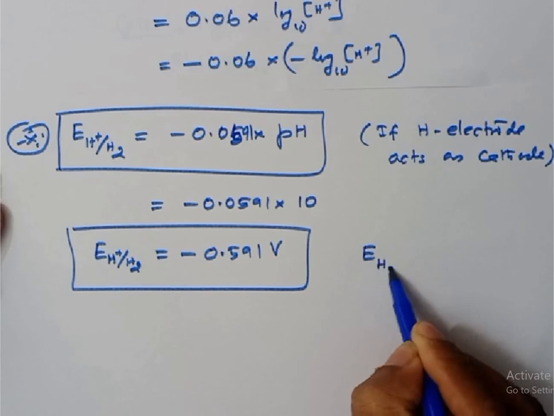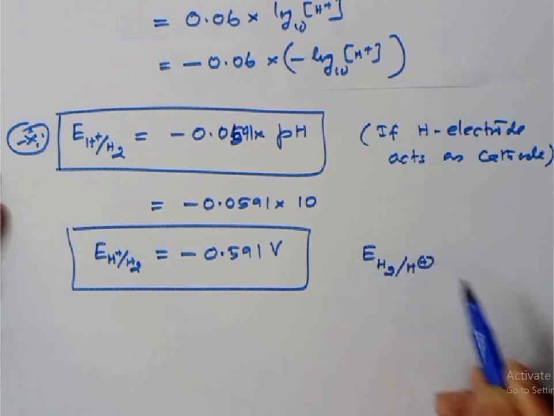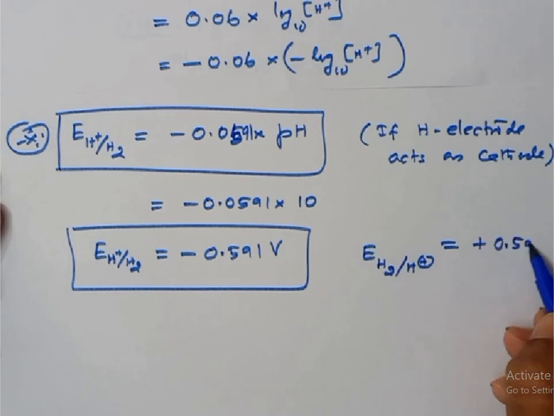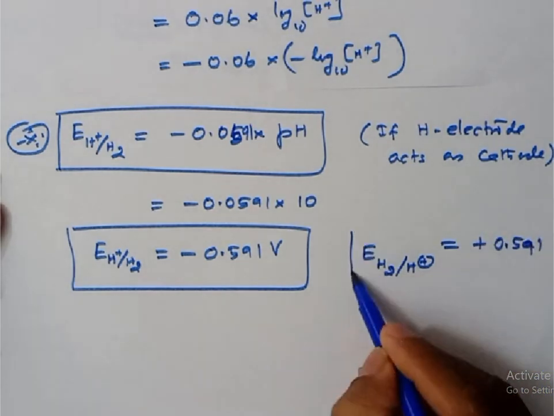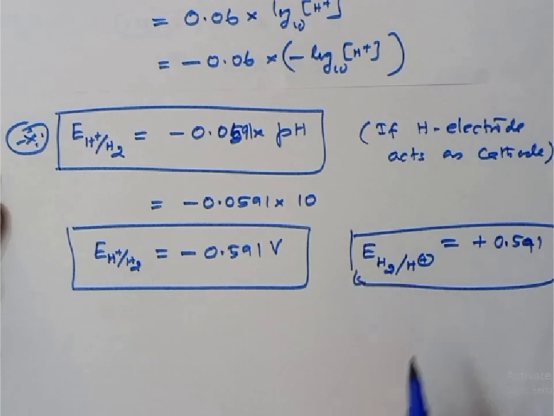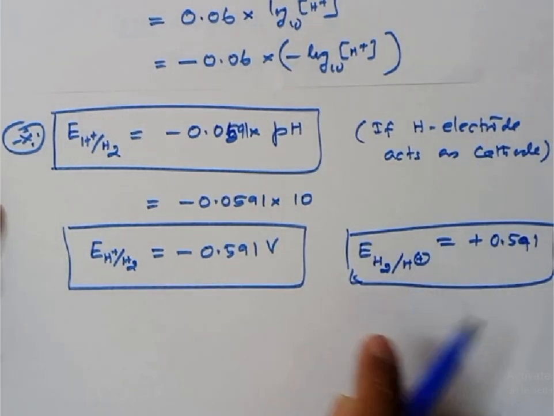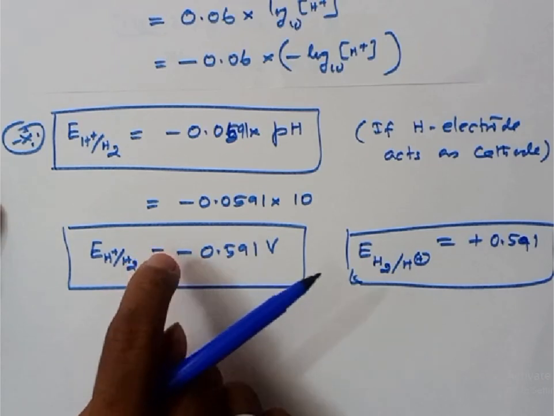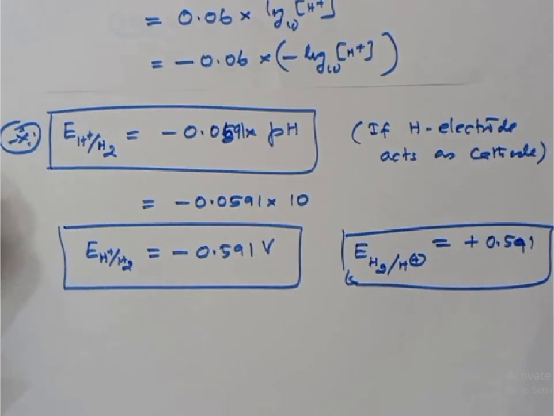Oxidation potential means H2 becoming H plus. If you want the oxidation potential, just change the sign, plus 0.591. This is the oxidation potential for the hydrogen electrode if it acts as anode. Here this is the reduction potential if the hydrogen electrode acts as cathode. Okay, take note.